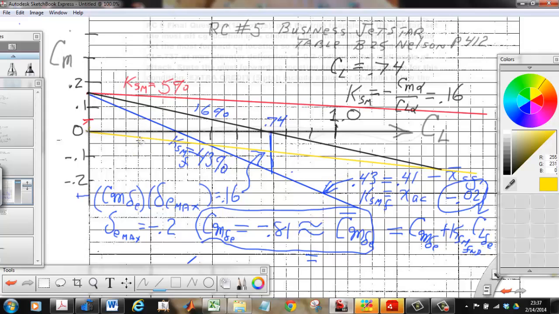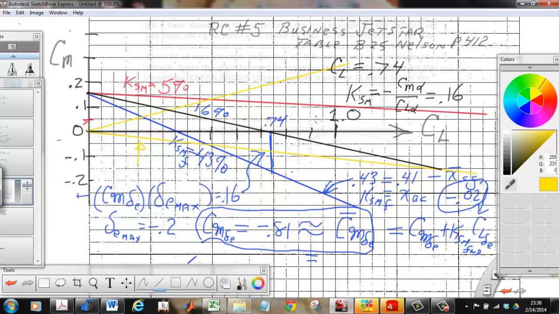So this would be the trim triangle aft CG. The forward CG on the trim triangle will be going from 16% to 43%. So that's a 27% change, which would look like so. So I have 5% aft and 27% forward.